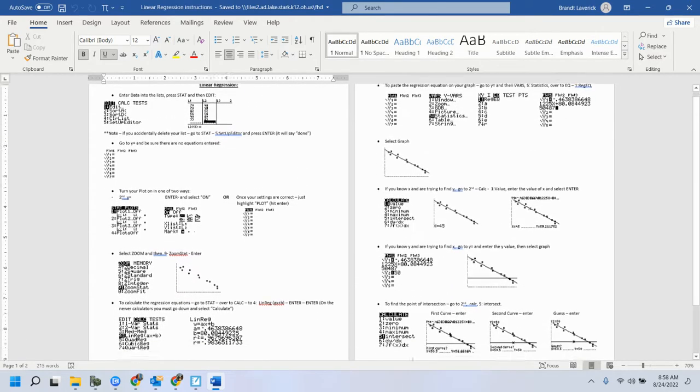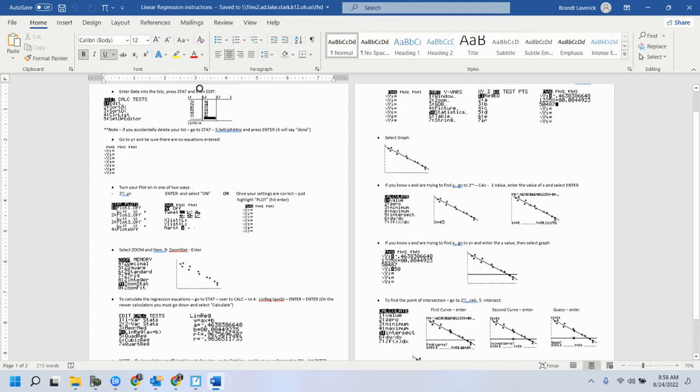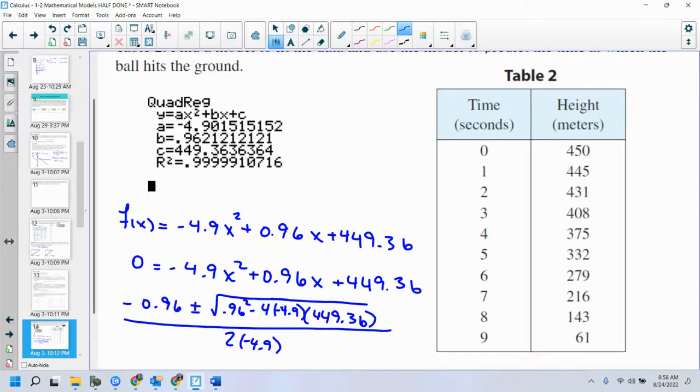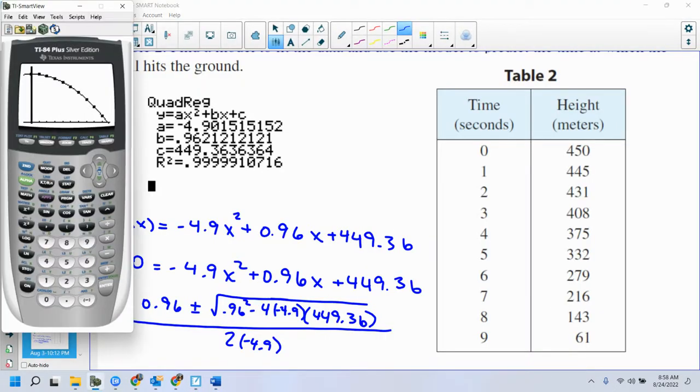This is how she shows it using a linear model, but you could do this using any model, a quadratic model, a quartic, whatever it may be. Again, I'll publish this for you and put it on Canvas. All of that process will be on that sheet.